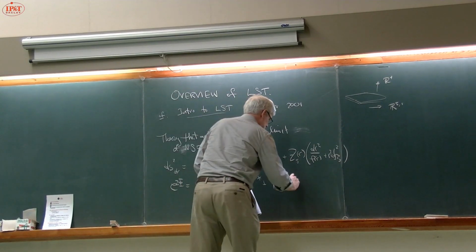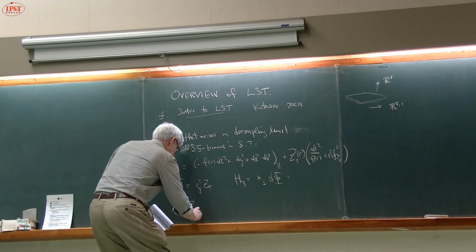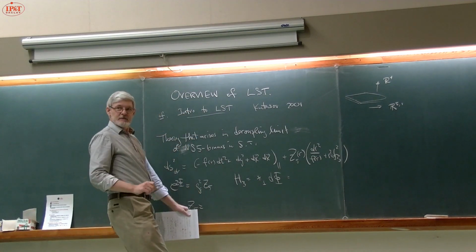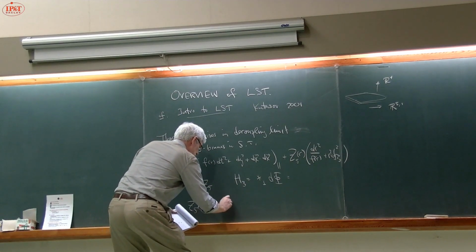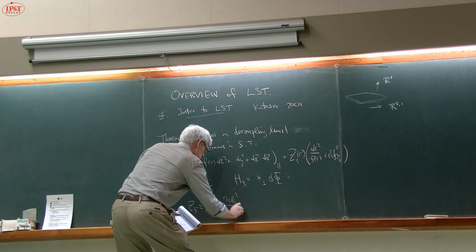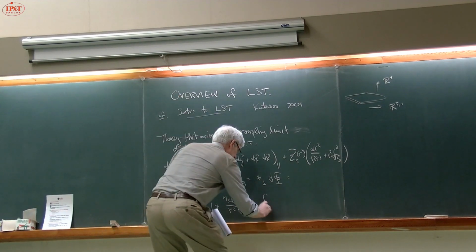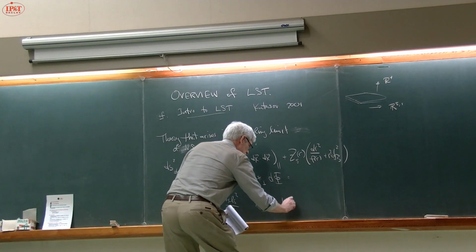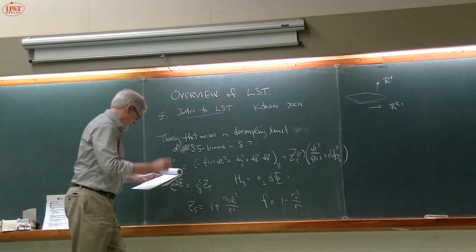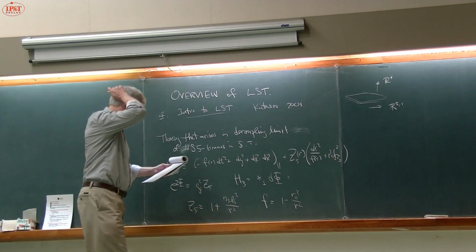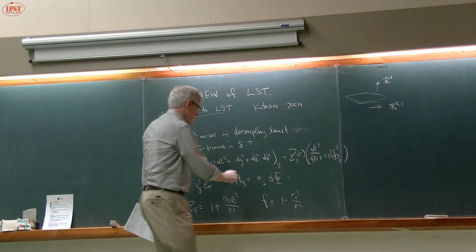Basically this is because the harmonic function is Z5 = 1 + N5 l_string^2/r^2, and f measures non-extremality, f = 1 - r_0^2/r^2.